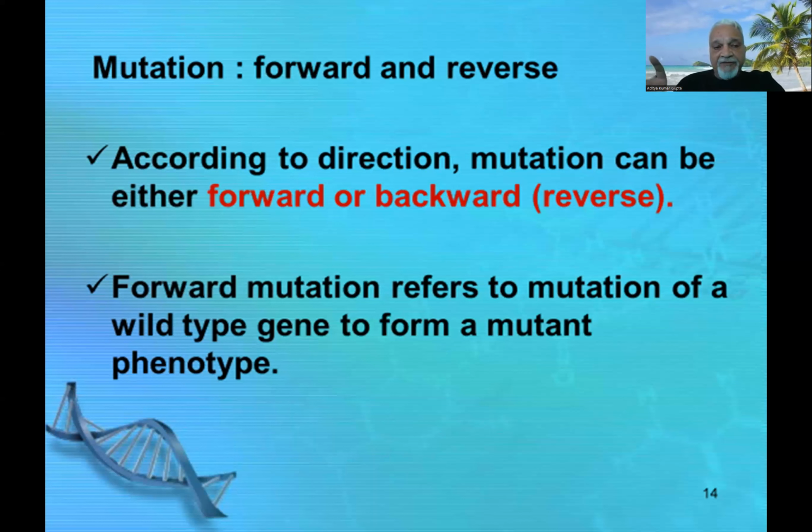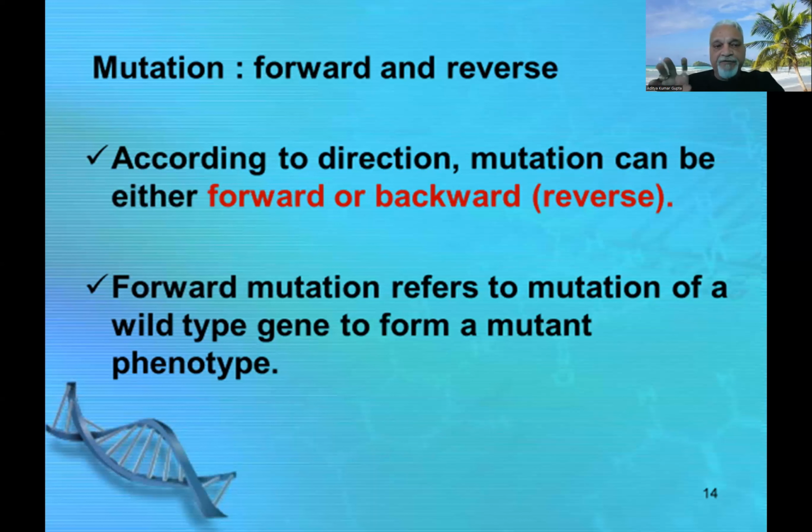And then you have a back mutation or reverse mutation, or the process we call reversion. What is this reversion or back mutation or reverse mutation? It is if you have a population of mutants.